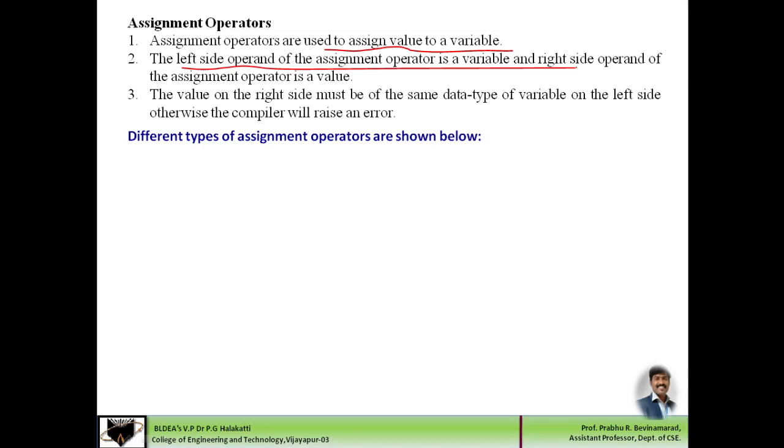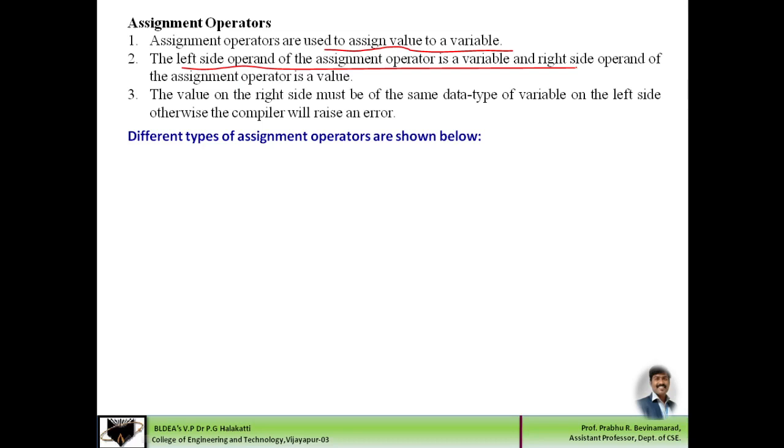In assignment operators, the value on the right side must be of the same data type as the left side variable. Only then will there be compatibility between the value we are assigning and the place where it is stored.